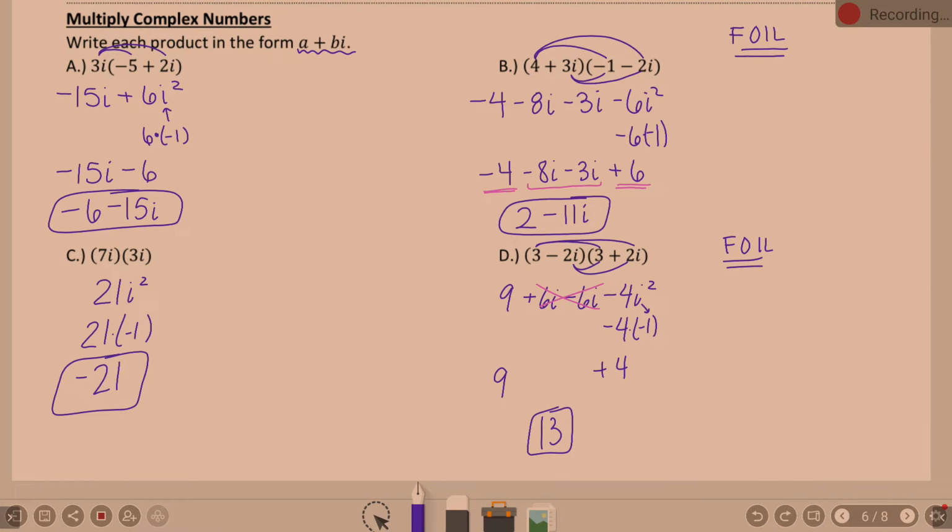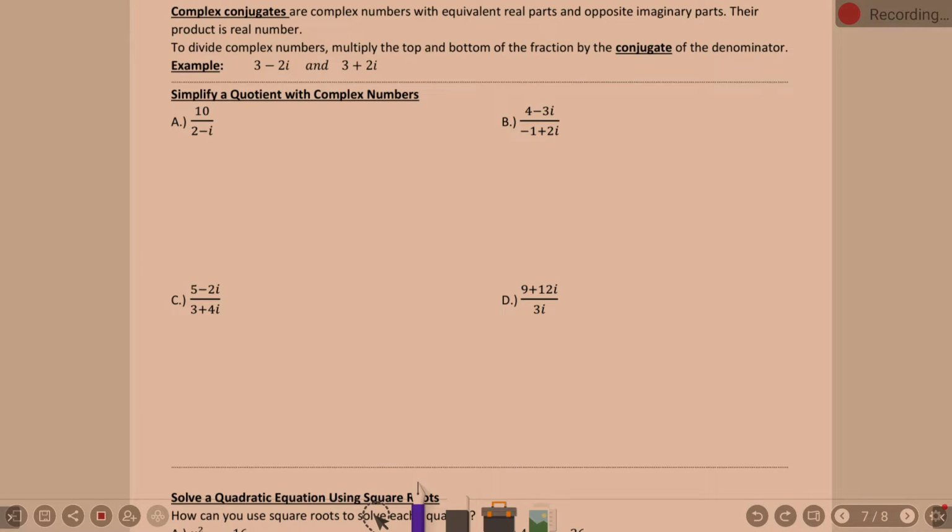And then we finished the day with multiplying. We distributed. We FOILed. And we added like terms. Now the catch was, we didn't ever leave an i squared in an answer, did we? i squareds always became -1s. And we're going to work with some of the same stuff today as we divide.